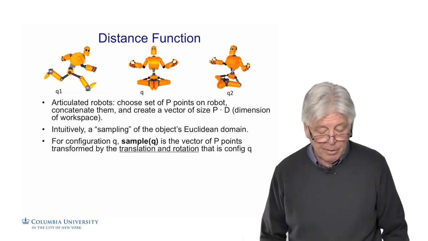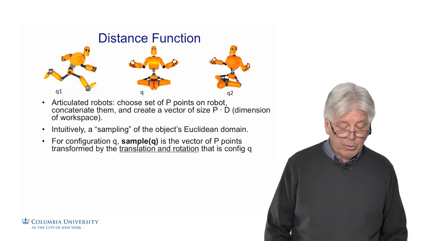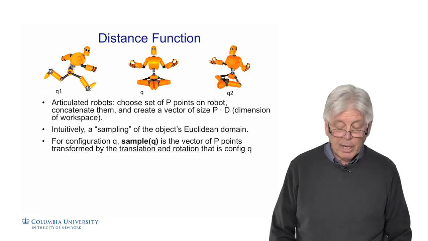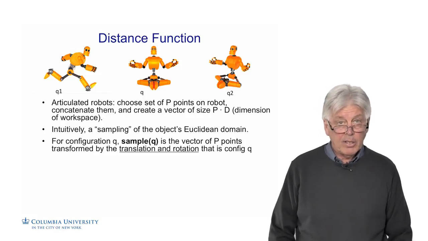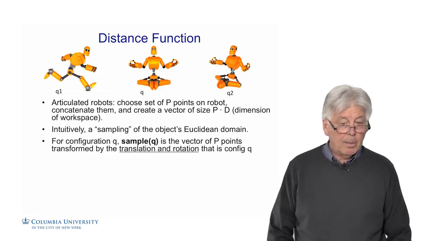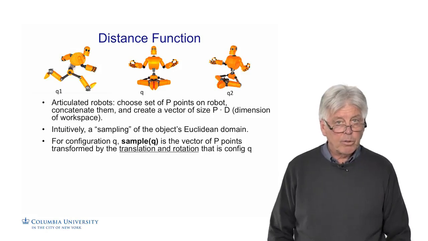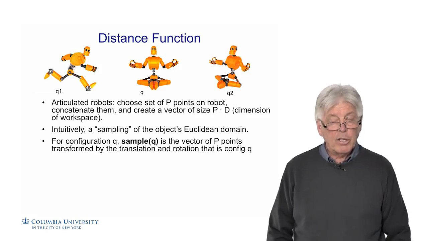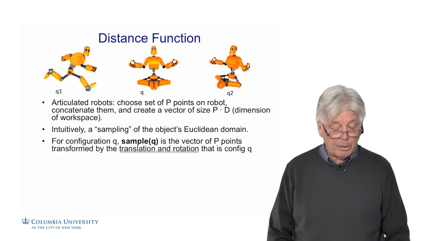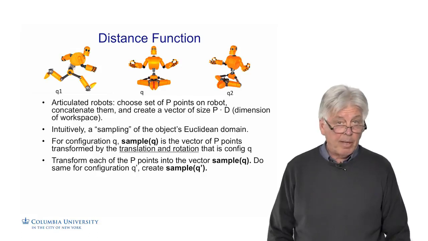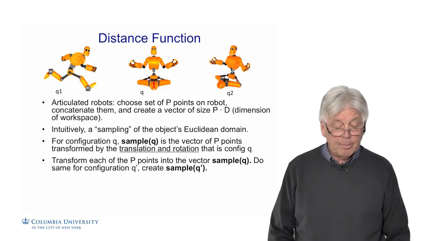The sample for that configuration Q is a vector of p points transformed by the translation and rotation that is configuration Q. Basically, all these points have a reference point on the body, and as we know that the body itself has moved by a translation and rotation, we just have to transform each of those points with that translation and rotation to create this larger vector of transformed points, which is called sample Q. And we can do the same thing for another configuration Q prime.